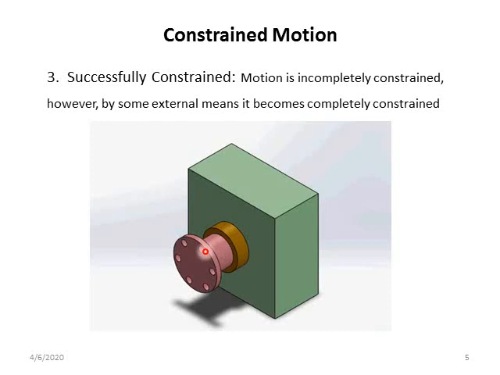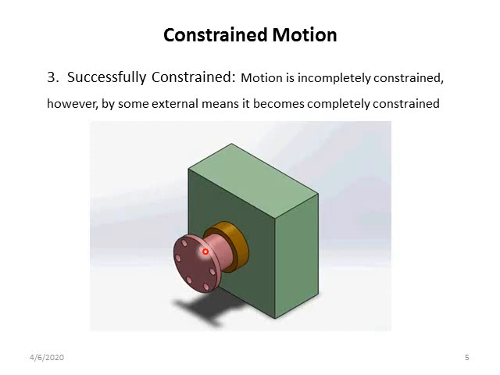We are taking the same example of the last slide, the incompletely constrained motion, and we are trying to convert it to completely constrained motion. I will repeat it again. We will try to convert the incompletely constrained motion to the completely constrained motion, and this conversion is called successfully constrained motion.